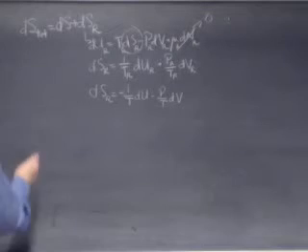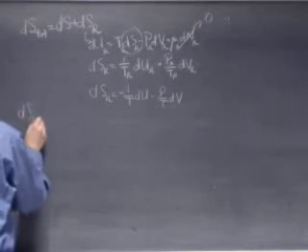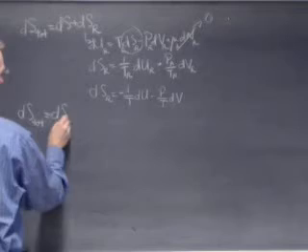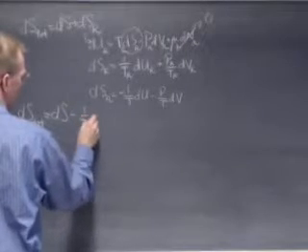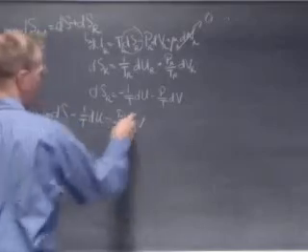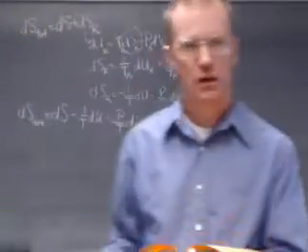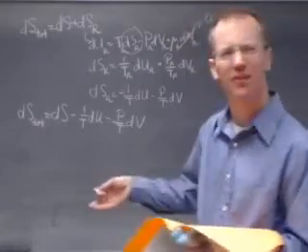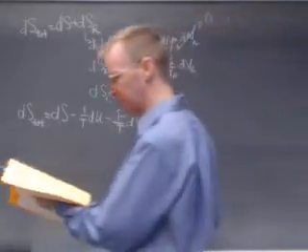Put that back in. Let's factor out a 1 over T once again. In fact, let's factor out a negative 1 over T, to make life a little bit easier.